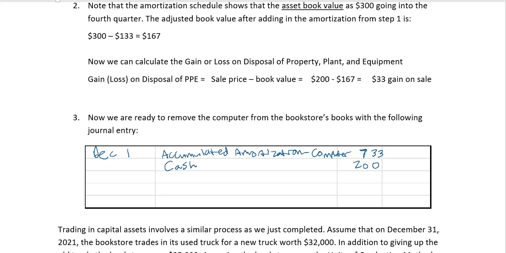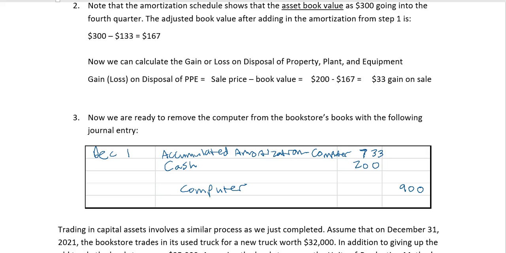And then I'm going to go down here, skip a line. I'm going to go ahead and fill in my asset, which is now off my books. The computer. Remember that it's shown on the balance sheet at historical cost, according to historical cost principle. So 900 is what we paid for it.